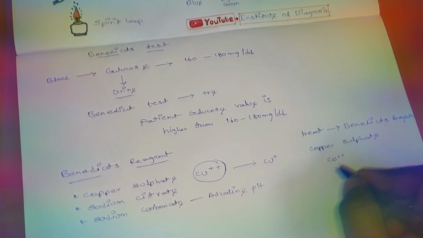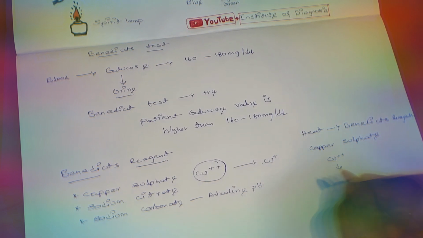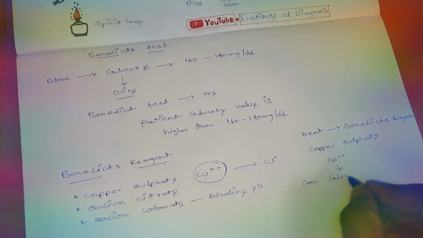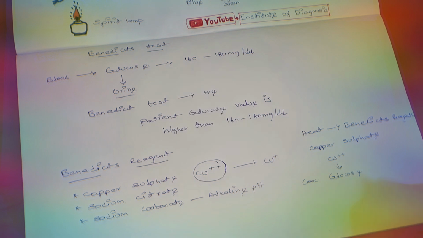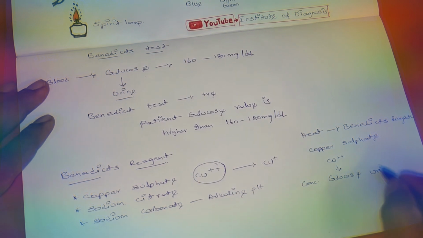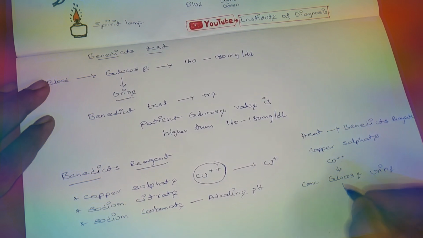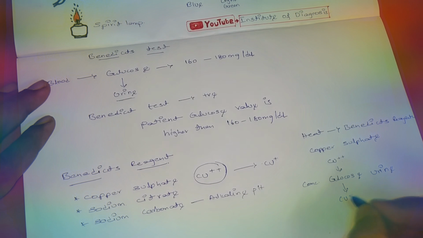And these Cu++ ions, based on the concentration of glucose present inside the urine sample, will be converted to Cu+.